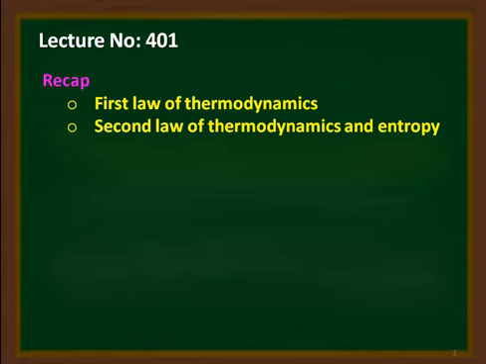In the second law of thermodynamics, we studied the heat pump, heat engine, and refrigerator. The COP of the refrigerator and heat pump, and the efficiency of the heat engine cycle were discussed, and we defined entropy and calculated it for different thermodynamic processes.